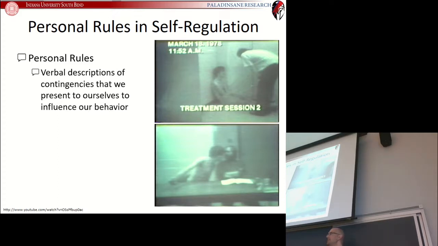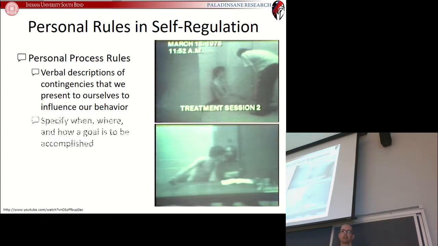But the problem is that it is not an effective way of stating that rule because it's not a personal process rule. So if you want to be effective in changing your behavior, you want to come up with personal process rules. And these are special rules that specify when, where, and how a goal is to be accomplished. So rather than saying, I'm going to go to the gym and I'm going to get fit, you want to say things like, I'm going to go to the gym Monday, Wednesday, and Fridays.